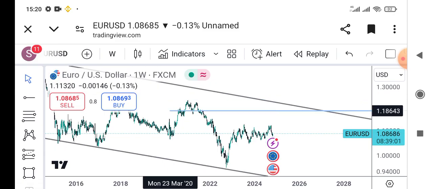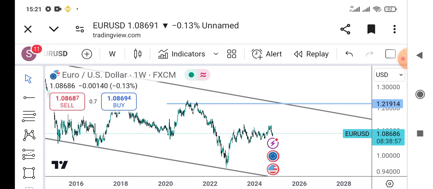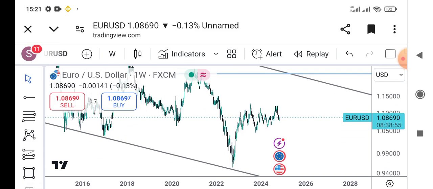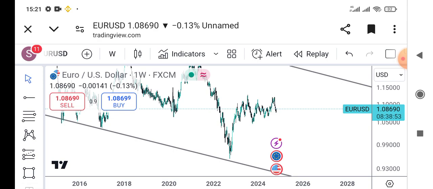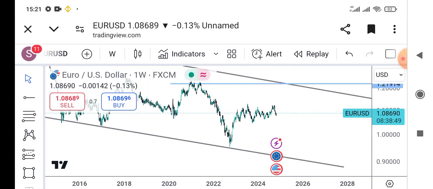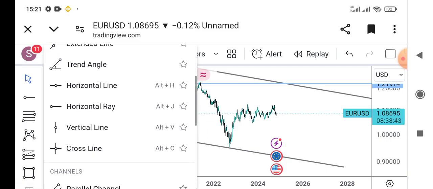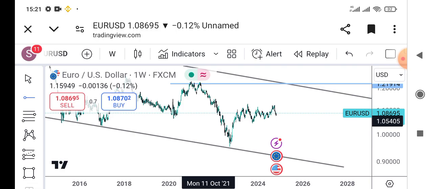And then this one at the peak. So we made that one there. So we have it there. And then now I need another one at the lowest section of the market, which is somewhere there.